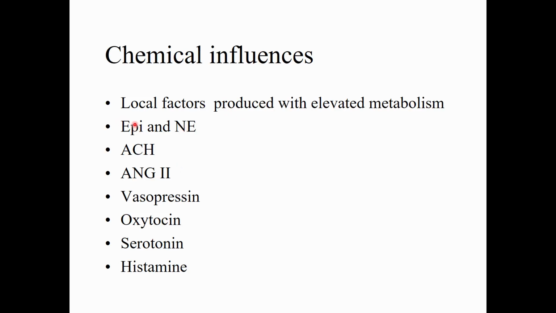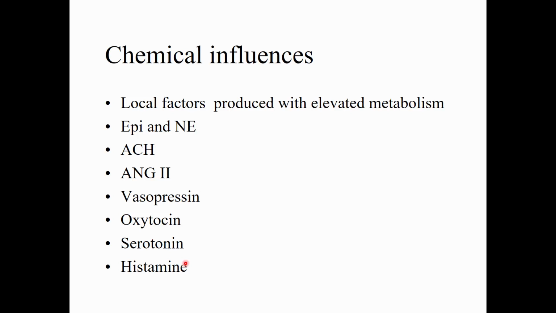Now, epinephrine at a beta receptor causes relaxation. Norepinephrine at an alpha receptor causes contraction and vasoconstriction. Acetylcholine sometimes can stimulate smooth muscle, other times can relax it. Angiotensin II can stimulate smooth muscle. Vasopressin, also called ADH, can contract vascular smooth muscle. Oxytocin can cause the uterine muscle to contract. Serotonin is a vasoconstrictor. Histamine can relax.